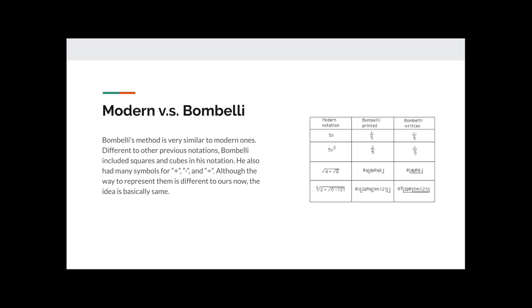For example, the 5x we use now in Bombelli's notation is 1 over an arc over n5, which means 5x to the first power. It is the same for 5x squared and for the square roots. RQ means the square root of a number, and RC is the cubic root of a number.